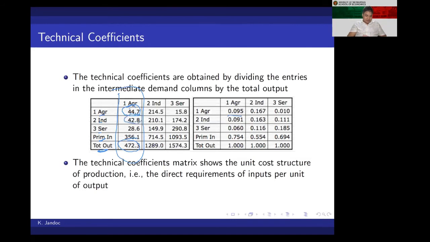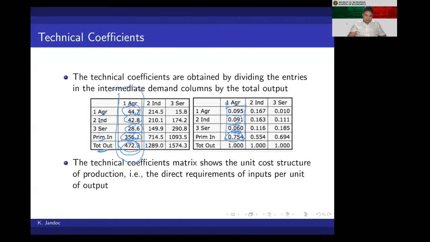42.8 divided by 472.3 is 0.091. 28.6 divided by 472.3 is 0.06. And 356.1 divided by 472.3 is 0.754. So notice that the sum of these amounts in this column, they all sum up to 1.